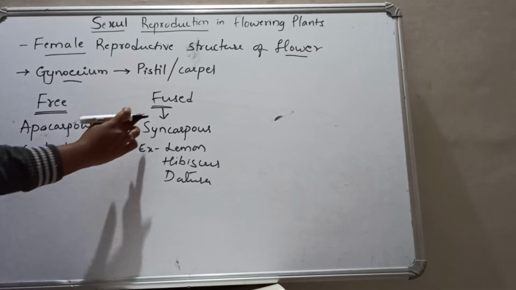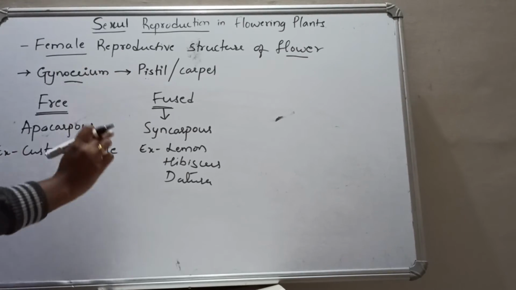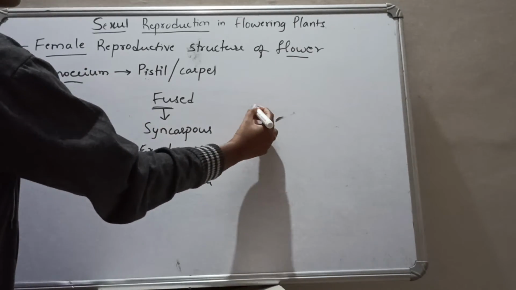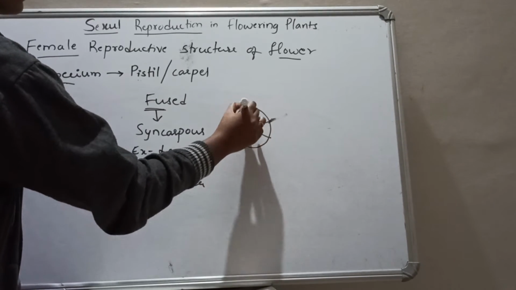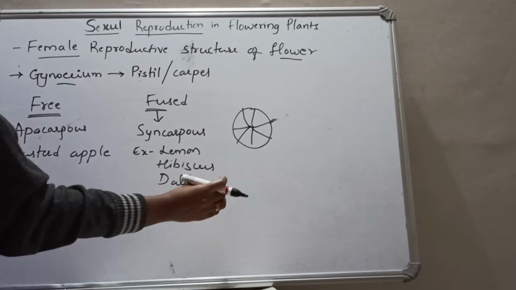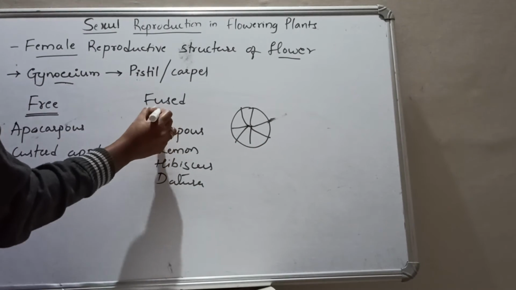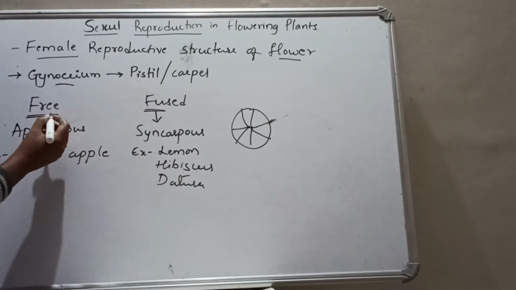These are examples of fused carpels or fused gynoecium. Here is the ovary, and these are the carpels, and these carpels cannot be separated from each other. They get fused.